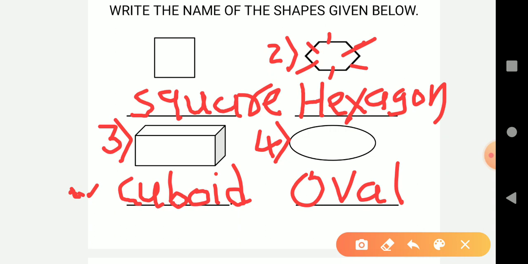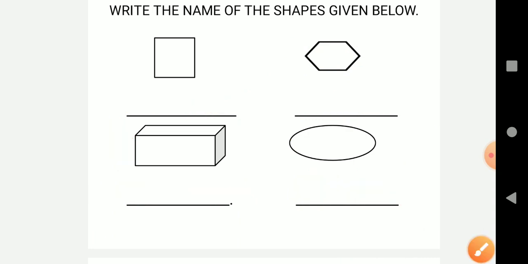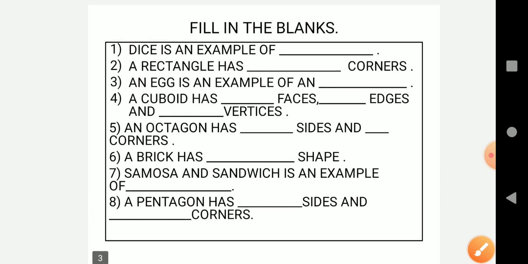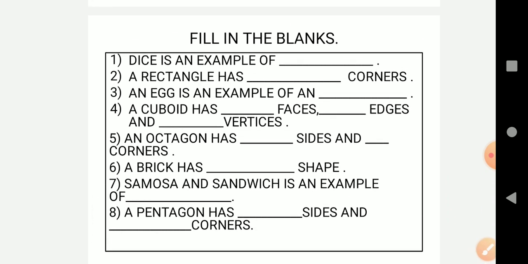So now we take our second slide, second worksheet. Now our second worksheet is fill in the blanks. I will take here 8 blanks.